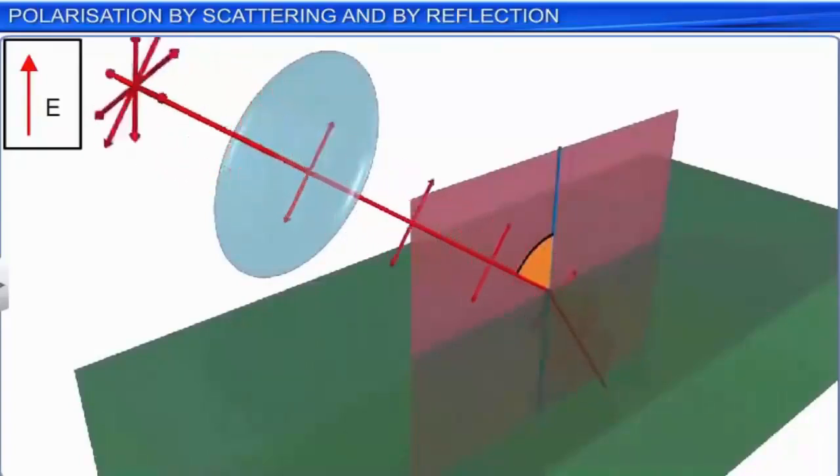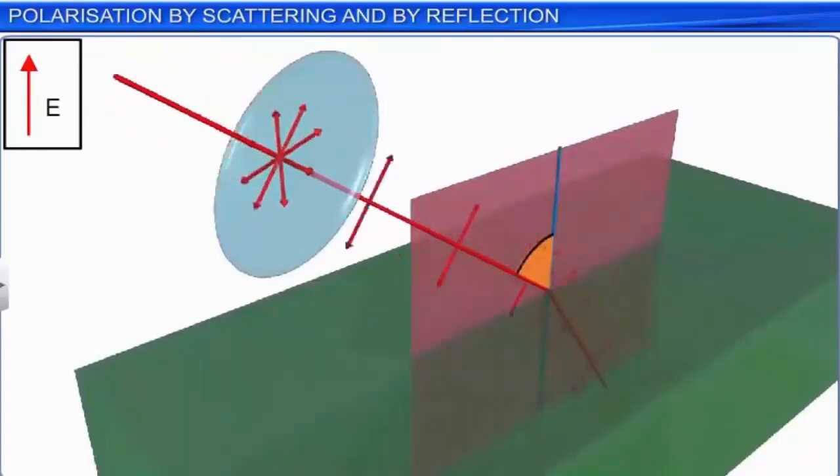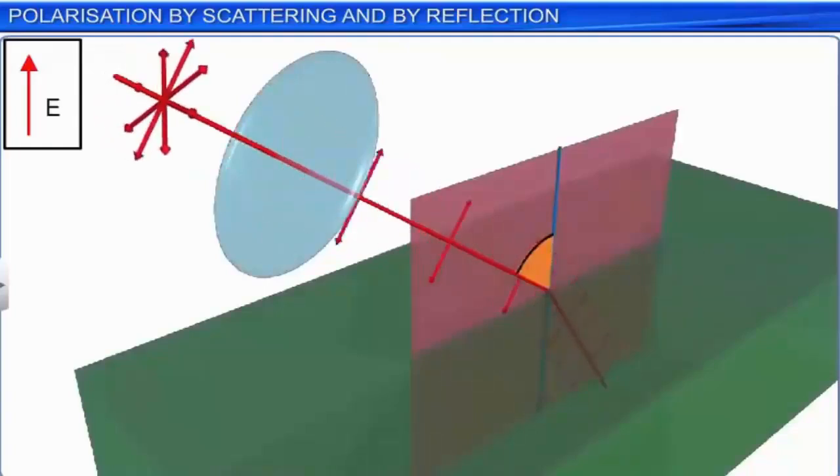Let N1 be the refractive index of the first medium and N2 be the refractive index of the second medium. From Snell's law, N1 sin IB is equal to N2 sin R. On combining these equations, we get N1 sin IB is equal to N2 sin(90 minus IB).